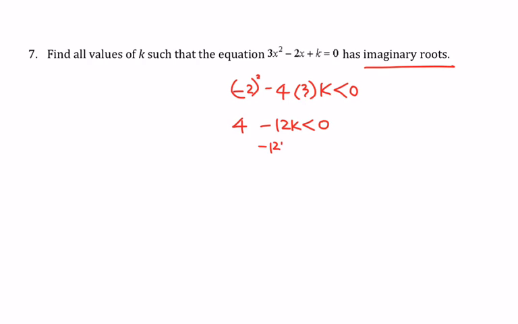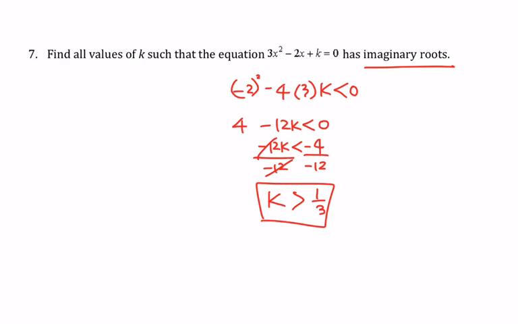Then by subtracting 4 from both sides, you can see that negative 12k is less than negative 4. By dividing each side by negative 12, the sign has to change. So we get k has to be greater than 1/3.